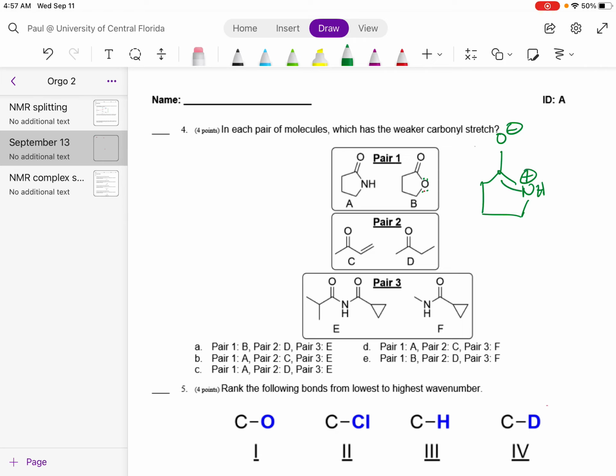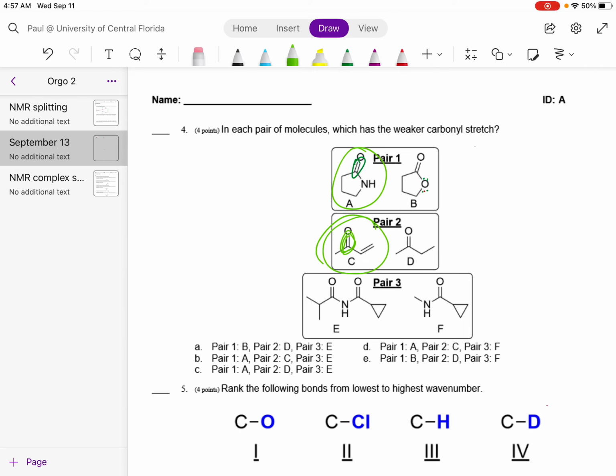And when you compare this bond right there to that double bond, you can see that I've weakened it in the sense that it doesn't have as much double bond character in that resonance form. So we're going to have a weaker carbonyl stretch for A. We've also learned in pair 2 that when you have conjugation, that weakens that carbonyl stretch, so that's the weaker one.